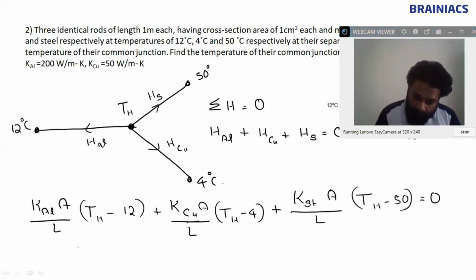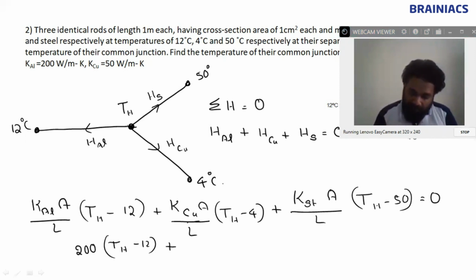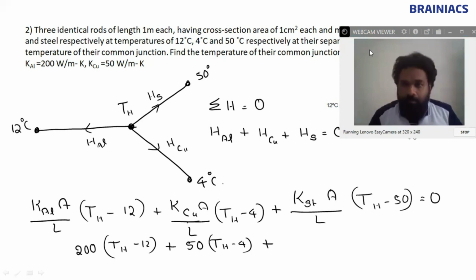So this is 200 into Th minus 12 plus here what for copper it is 50 into Th minus 4 plus for steel, what is for steel?